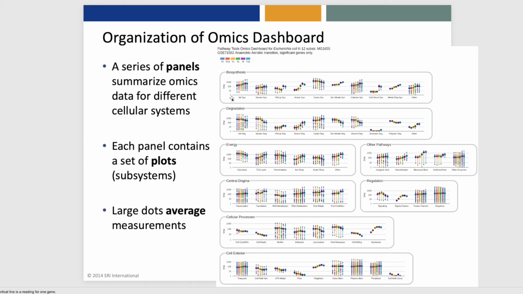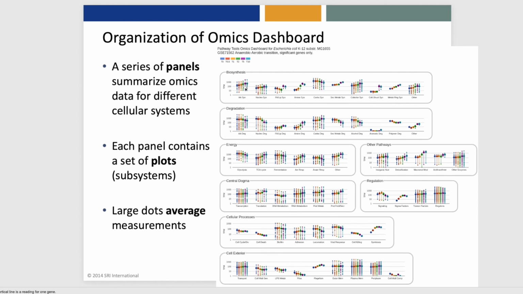And each panel contains a set of plots of the subsystems within that system. Within each plot, the 6 vertical bars correspond to the 6 time points, and the fat dots average all of the genes at each of the time points, so that we can see that overall during this shift from anaerobic to aerobic growth, amino acid biosynthesis is going up.